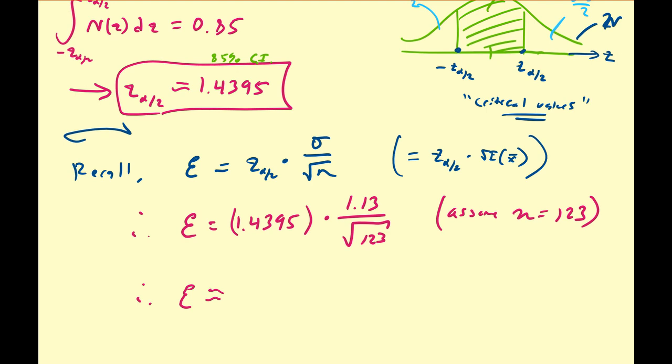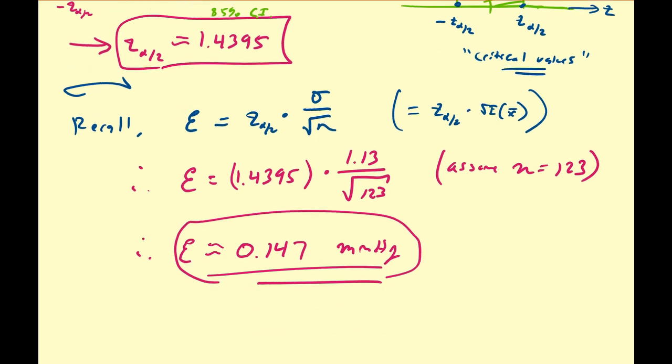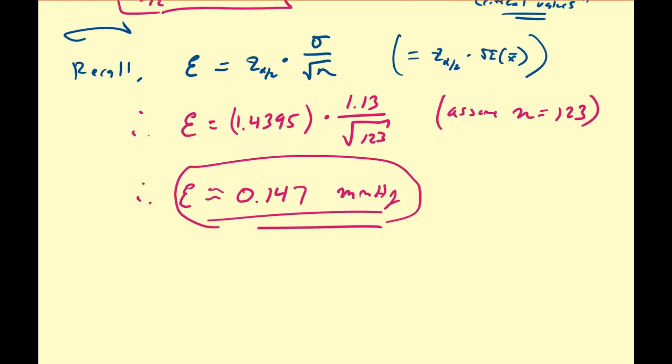So the margin of error for that is going to be approximately equal to 0.147. And this is still measured in millimeters of mercury. So the margin of error is going to be in the same units as what you're trying to understand. So this is a pretty small margin of error, which is good or could be bad. It depends on how you look at this. So what does that mean?